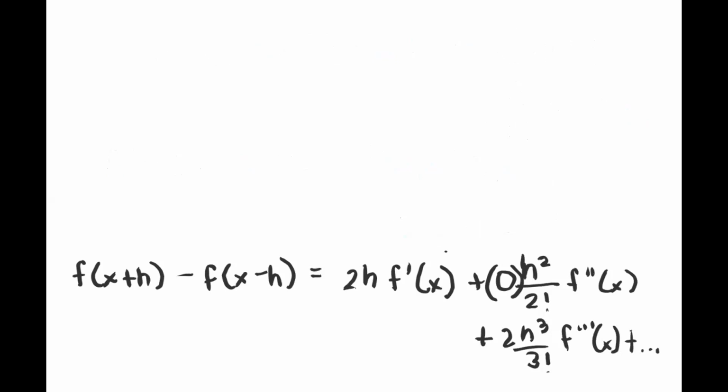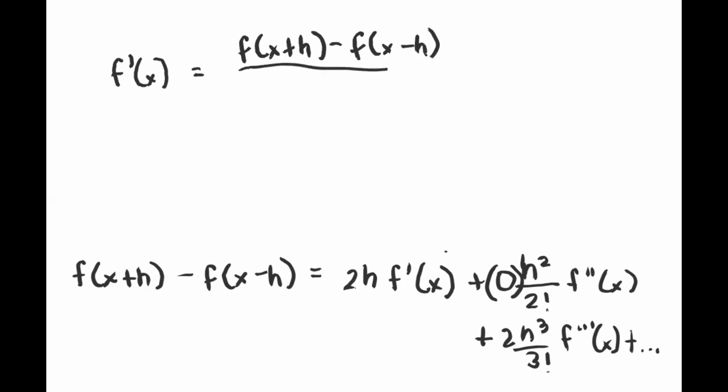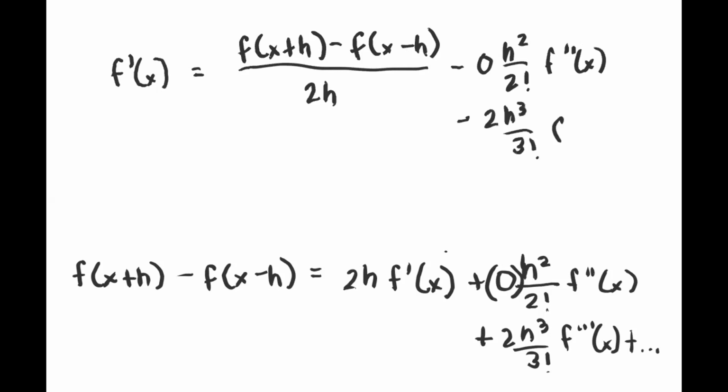Solving for f prime of x, what we have is f prime of x is equal to f of x plus h minus f of x minus h divided by 2h, minus h squared over 3! f triple prime of x, and so on.